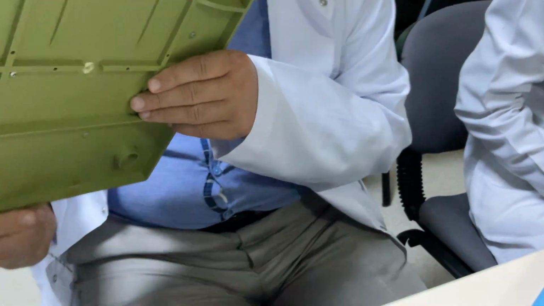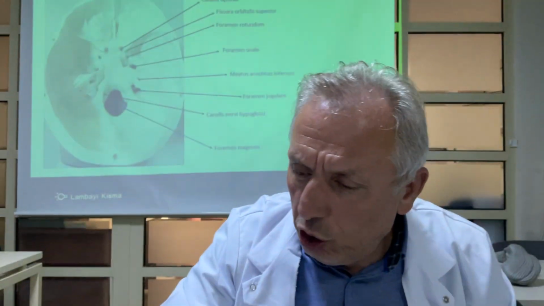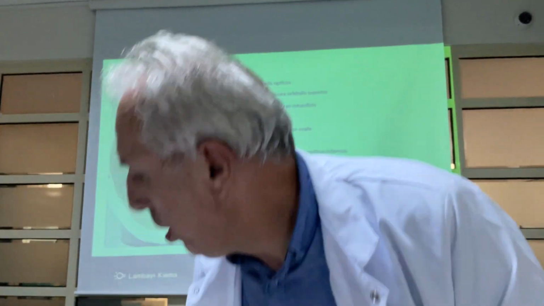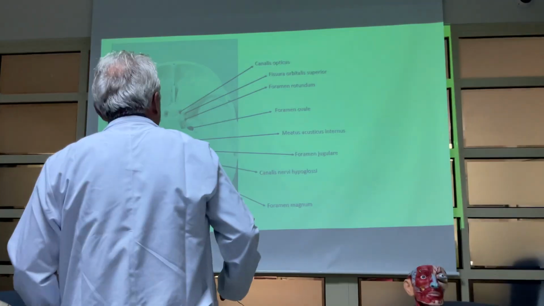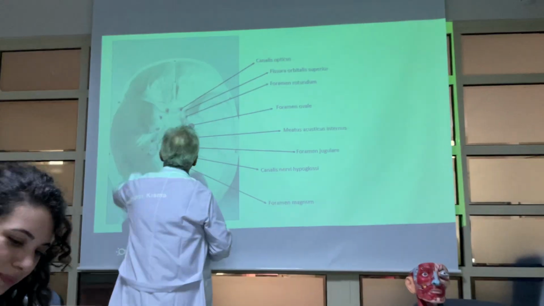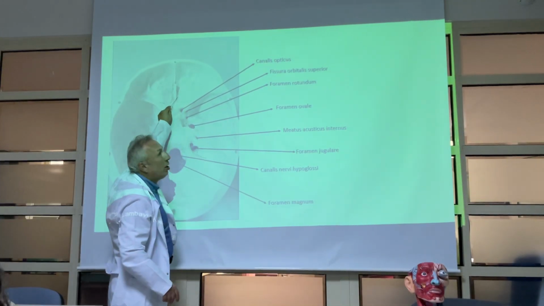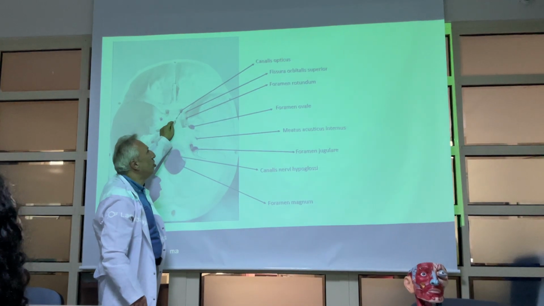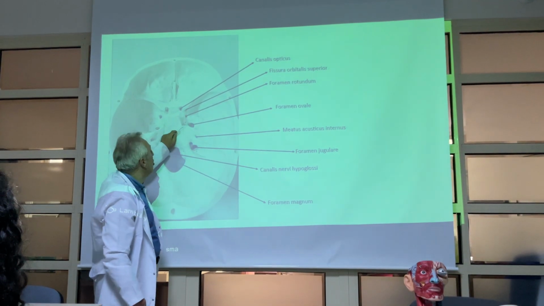You don't have questions. You want to review the pictures here? Which nerves go through here? Olfactory. Olfactory, very good. Which nerve goes through here? Optic nerve.